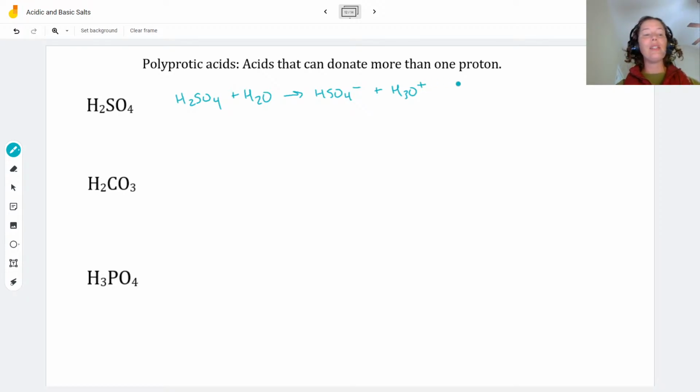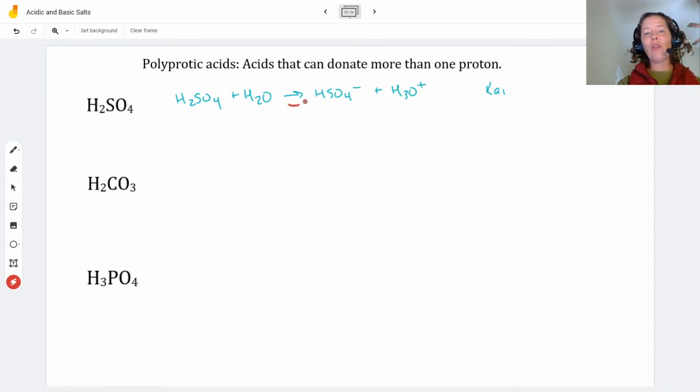Okay, so this is the first step. I've gone from H2 to just H here. I've donated 1 proton. This makes this balanced chemical equation, all the stoichiometric coefficients are 1. This is 1 to 1 to 1, which makes things really easy mathematically, as hopefully we'll see in a little while. We call this Ka1.